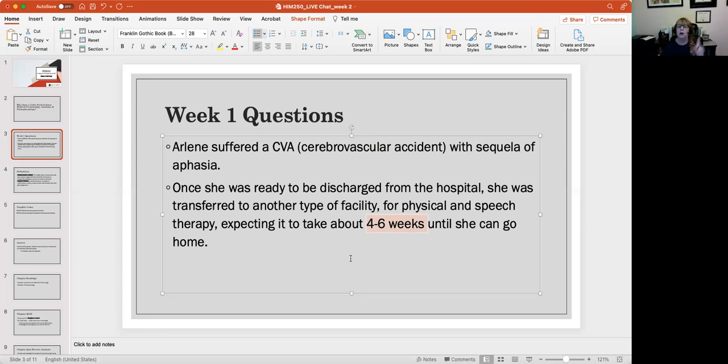All right, so once she was ready to be discharged from the hospital, she was transferred to another type of facility for physical and speech therapy, expecting to take about 4 to 6 weeks until she can go home. This is important for the management side of your CIA, your professional certification, and more importantly, your career, is understanding the other types of facilities to which patients can be transferred.